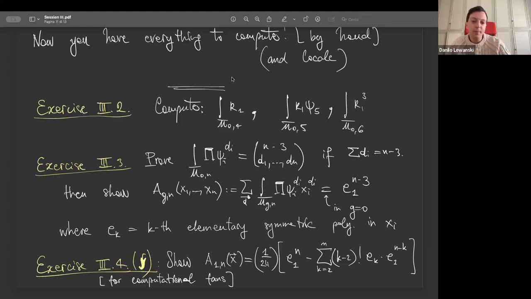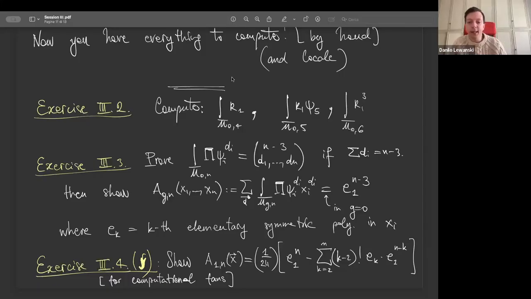And then I have some more theoretical exercises. For example, in genus 0, we know very well what the answer is for integrals of psi classes. We take just the integration over M0,n bar of your favorite monomial in psi classes: psi 1 to the power d1, psi 2 to the power d2, up to psi n to the power dn.